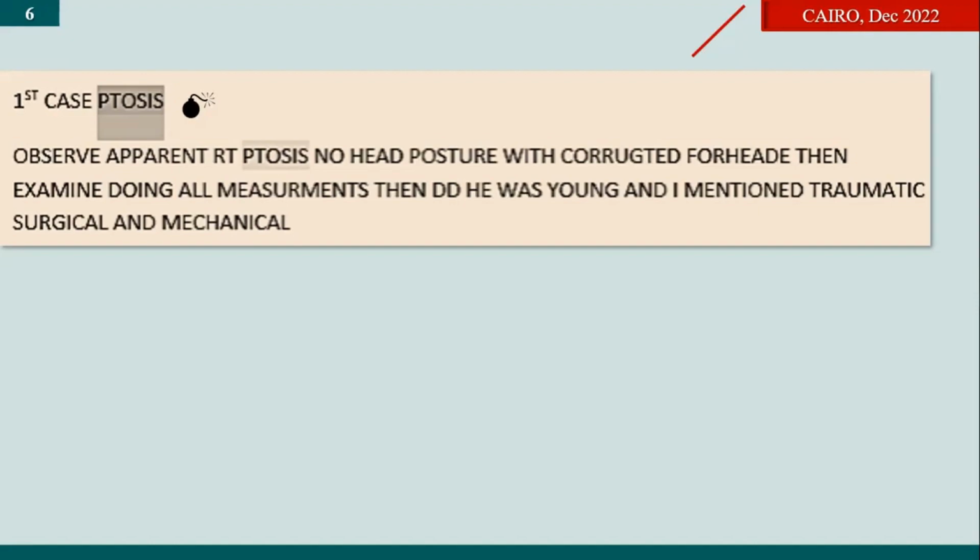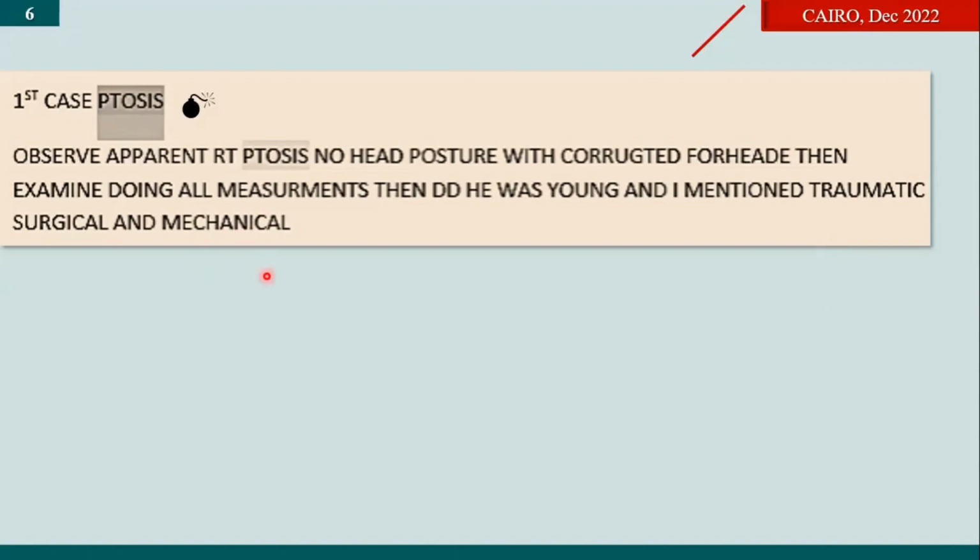Since we have a young patient, you may ask about the age of onset, as I mentioned earlier. So you have to mention congenital. Why didn't the candidate mention myogenic or neurogenic? Most probably because there are no positive findings regarding motility or pupil. So he mentioned only those, but he missed the congenital. So this is my comment regarding this experience.